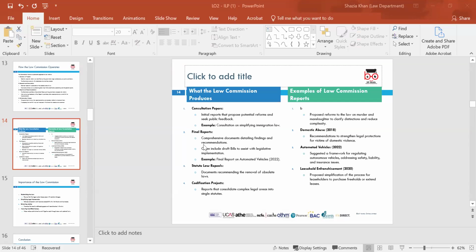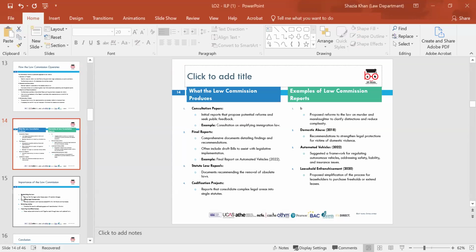They also produce statutory law reports and codification projects as well. Examples of Law Commission reports: domestic abuse 2018, which strengthened legal protection for victims of domestic abuse, automated vehicles 2022, and leasehold enfranchisement in 2020.